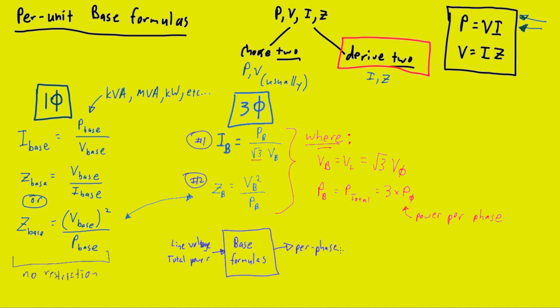If those go in, the base formula does its work, and what it spits out are per phase base values. Now it's pretty incredible if you think about it that we have a set of formulas where you input a line and a total value, and then you get out a per phase value. You really should sit back and ask yourselves, why is that happening? What about the per unit method is being accomplished here? Why do we need to move from line and total to per phase values?